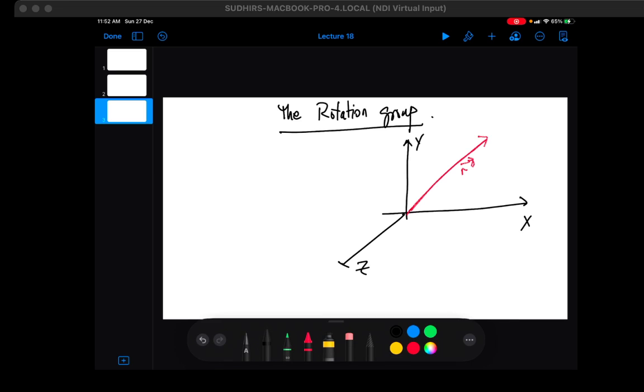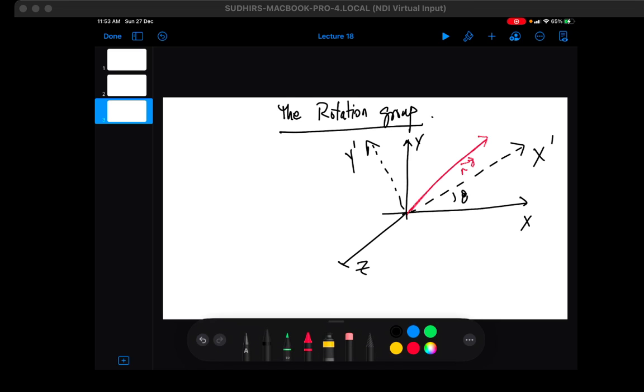So if you rotate in the XY plane, you'll have something like X prime, Y prime, with some angle theta. Similarly, you'll have an angle in the YZ prime and also in the ZX prime.